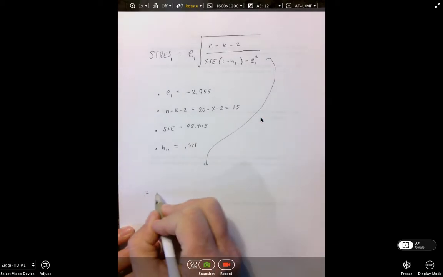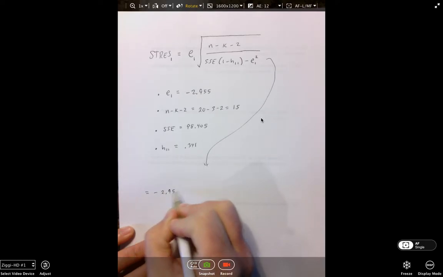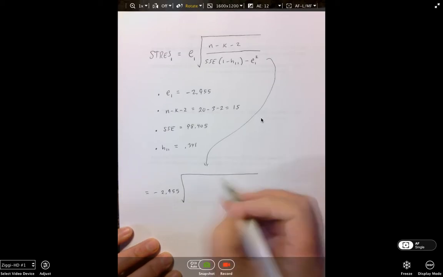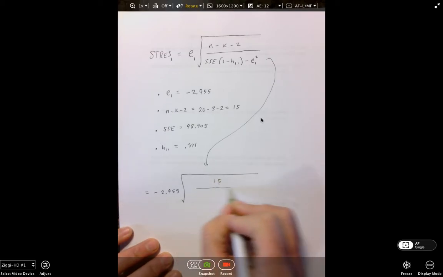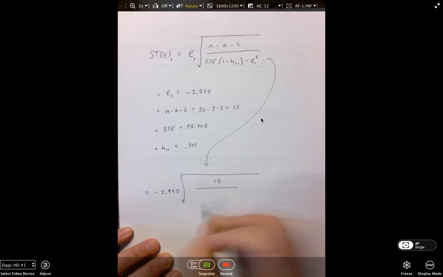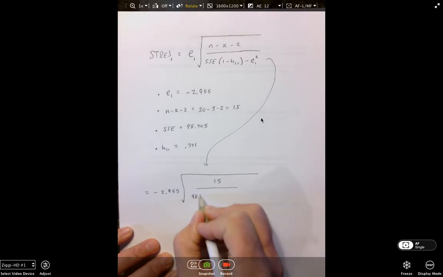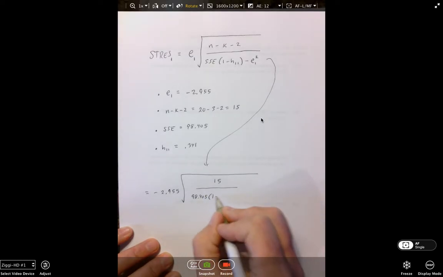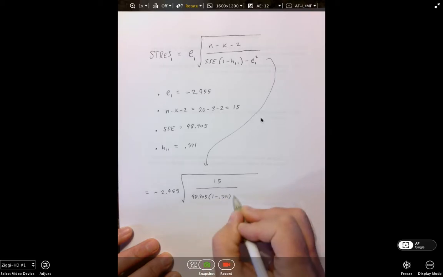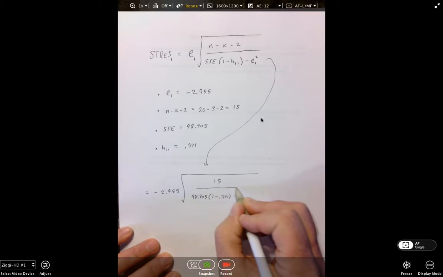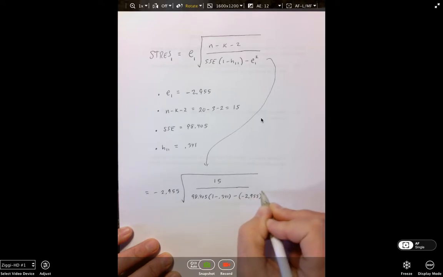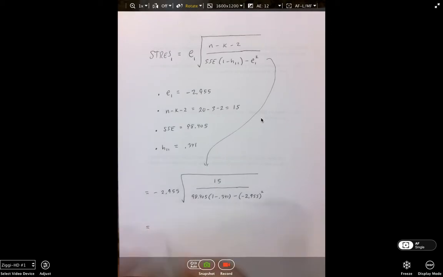We're going to have the error is negative 2.955 over the square root of 15 divided by the sum of squares error, which is 98.405, times 1 minus 0.341, and this is minus 2.955 quantity squared. All right, guys, grab your calculator. I'm going to grab mine.